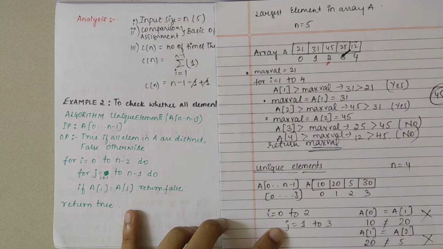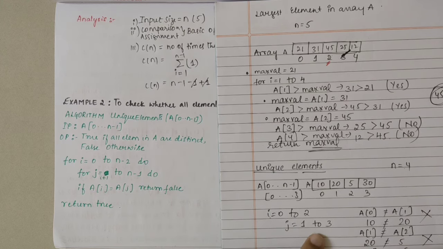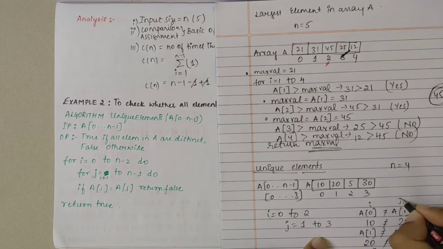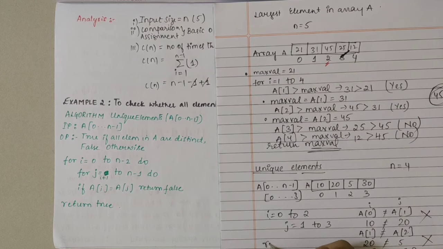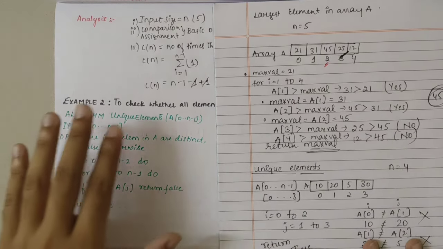This is also false. Next, I'll update the i value to 2, and j would be updated to 3. So here I'm considering i and here I'm considering j. A of 2 equal to A of 3? 5 equal to 30? No. So none of the elements are satisfying the condition, so I can return true at the end. So this was about the algorithm part.